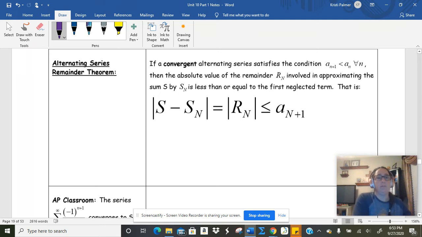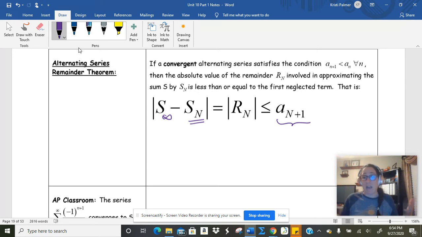Now we're going to talk about the remainder theorem. This is saying how close of an approximation can we get by taking just a few terms and doing a partial sum. So this S actually means S to the infinity, like forever and ever. If we have a convergent alternating series, so the terms are decreasing in absolute value to 0, and let's say I did the first 10 terms, then the actual infinite sum minus what we get for the 10 terms, in absolute value, so you can flip-flop those, that error is less than the next term.